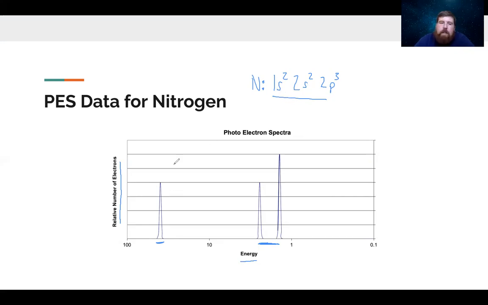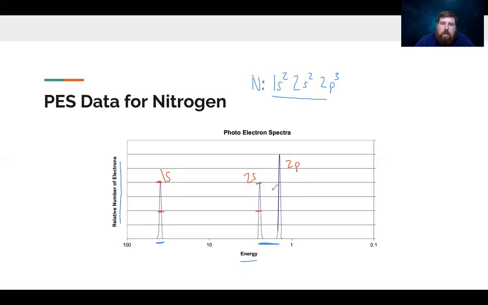And if you read the electron configuration, you can almost map it onto the photoelectron spectrum data. So if you can see, this first peak here is representative of the 1s peak. The second one is going to be the 2s peak, and then the third one is going to be the 2p peak. And what's even more awesome is that it seems that every 2 lines represents an electron.